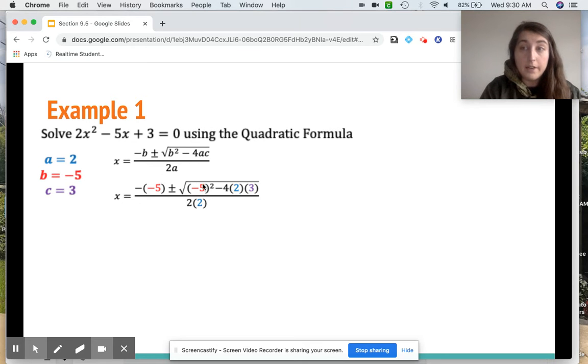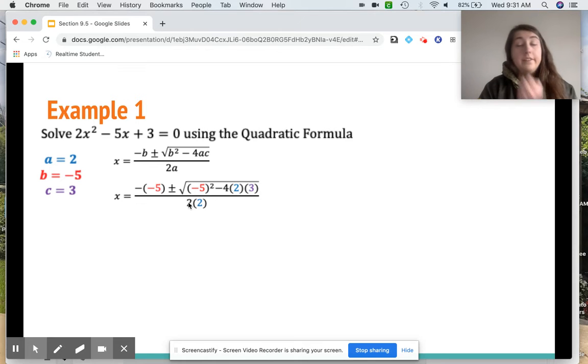So just be mindful of that. Subtracting 4 times a. a is 2, so you're plugging in 2 for a. Times c, you're plugging in 3 for c. And the whole equation is being divided by 2 times a, so 2 times 2.